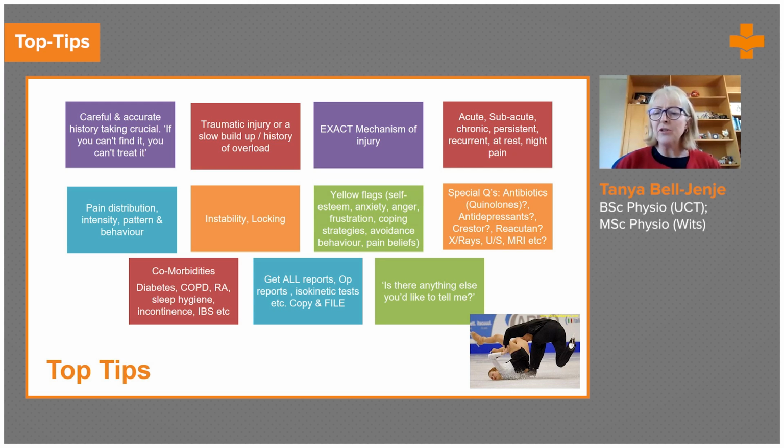Part of the special questions I like to ask are certainly on the medications. Certain antibiotics, such as quinolones, have been well identified now that in a very active population, as one subgroup, they can basically shut down the tendon.